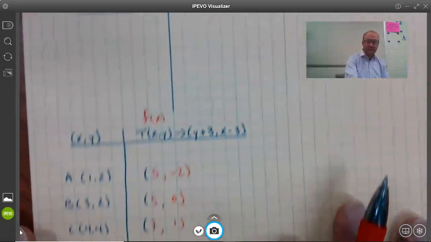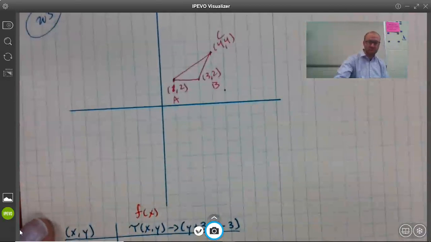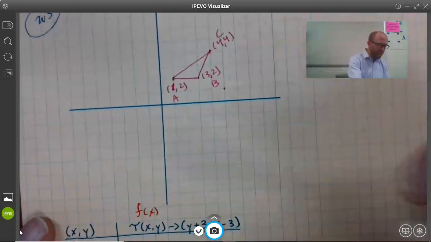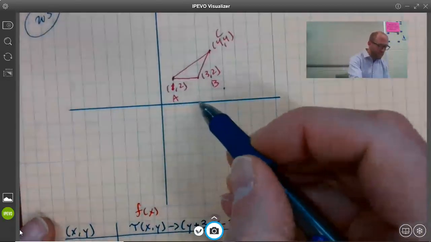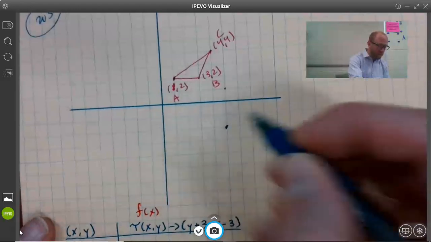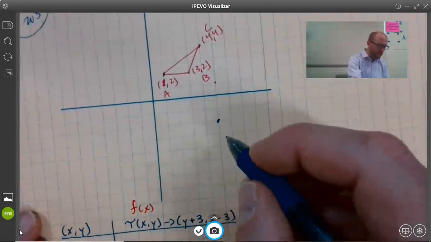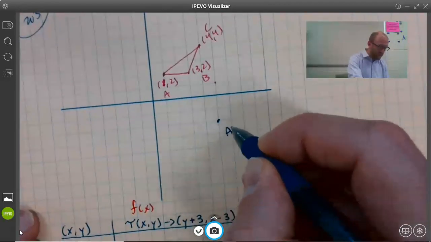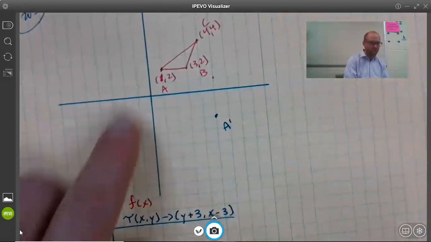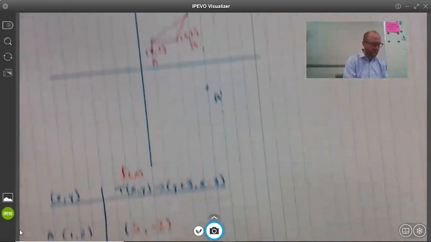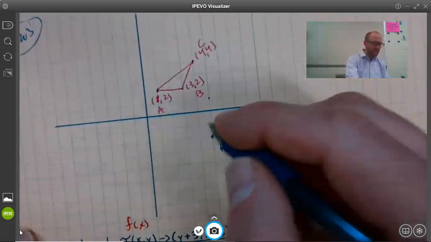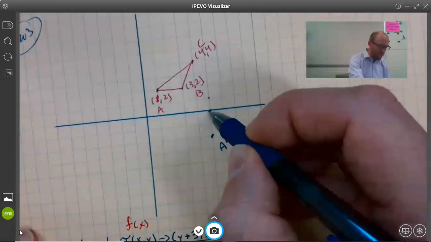So we have 5, negative 2. So let's see, we have 1, 2, 3, 4, 5, and down 2. And by the way, let's mark this as A prime, so we keep track of where the point A ended up. Point B ended up at 5, 0. 1, 2, 3, 4, 5, 0.